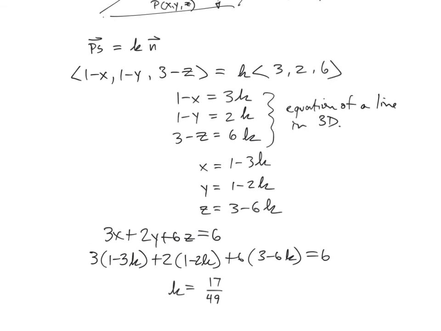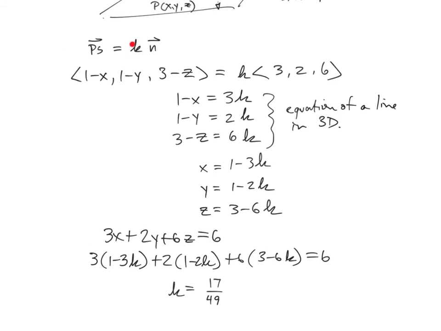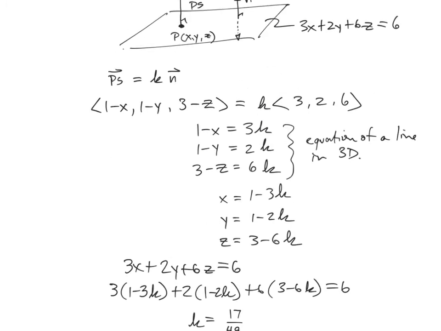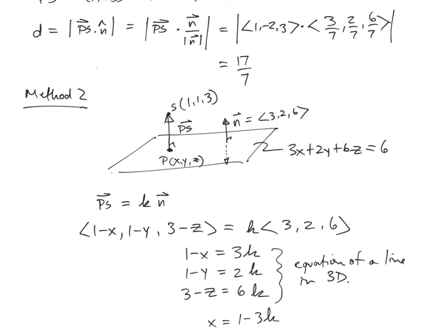Okay, and k was this value up here, which gives me a value for PS. PS is equal to k times n, and I know n from the plane equation. I now know k. I just multiply the two together and I get PS. Okay, and the distance I'm looking for, if I go back all the way to my picture here, is the length of this vector PS.